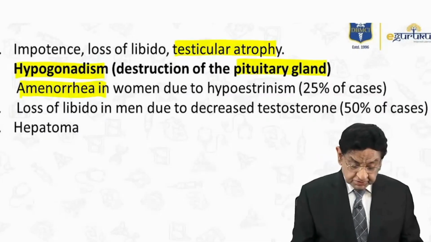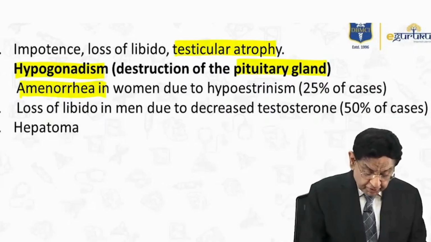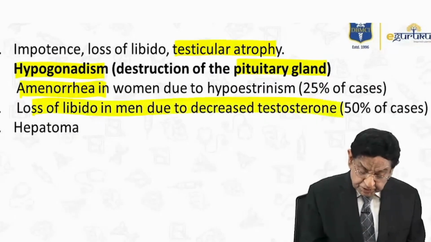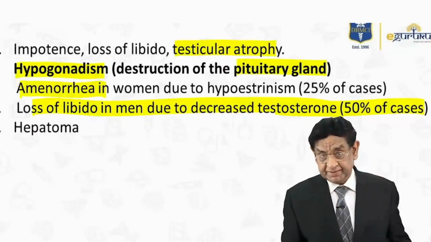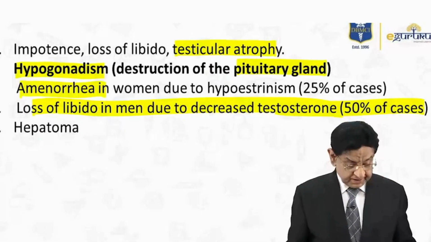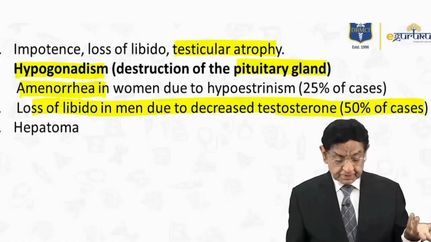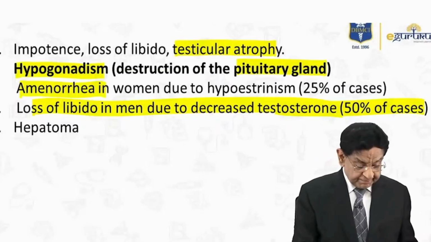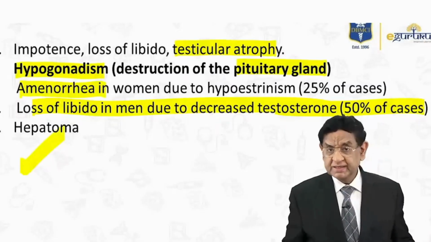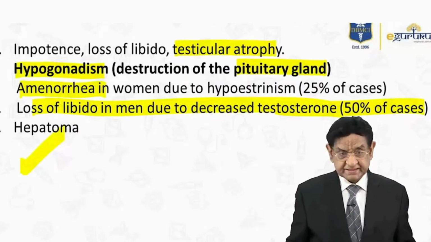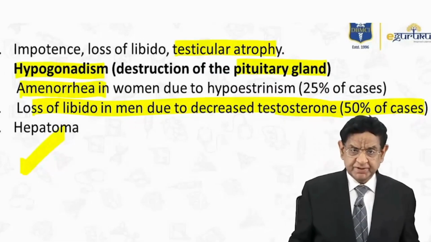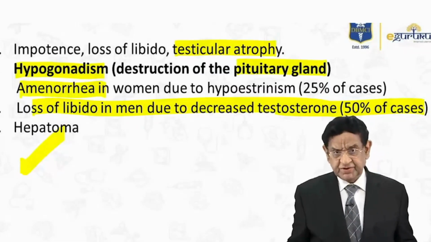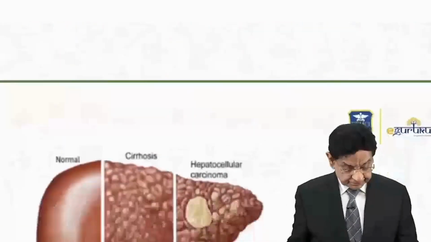In contrast, loss of libido in men is much more common as compared to amenorrhea in females. And there can be hepatoma formation. Liver cancer can occur in this patient. So by and large, in males, loss of libido, testicular atrophy or hepatoma can develop.